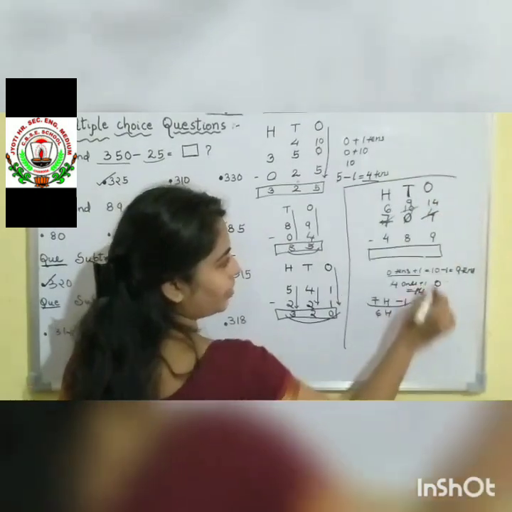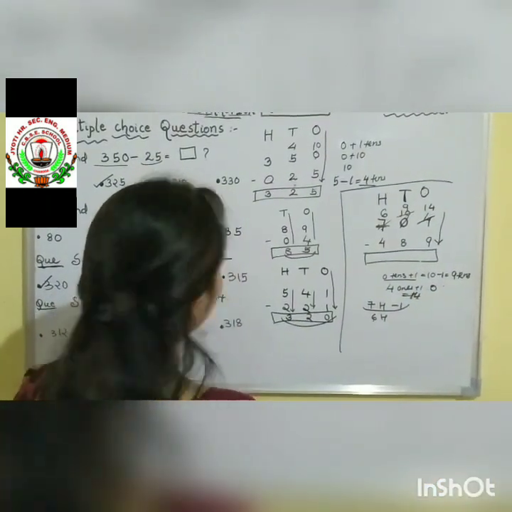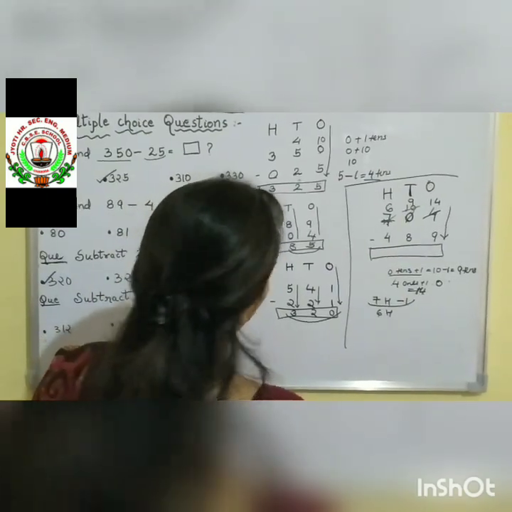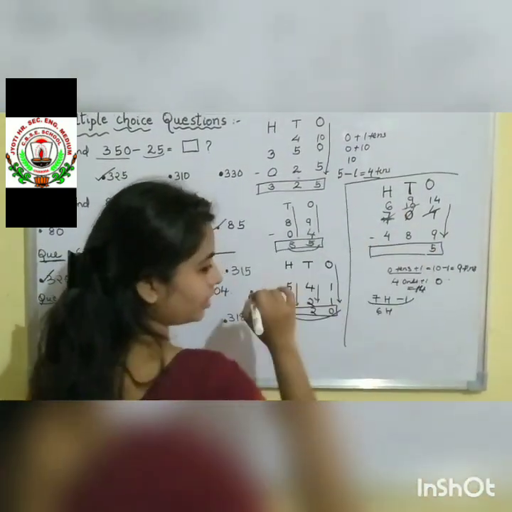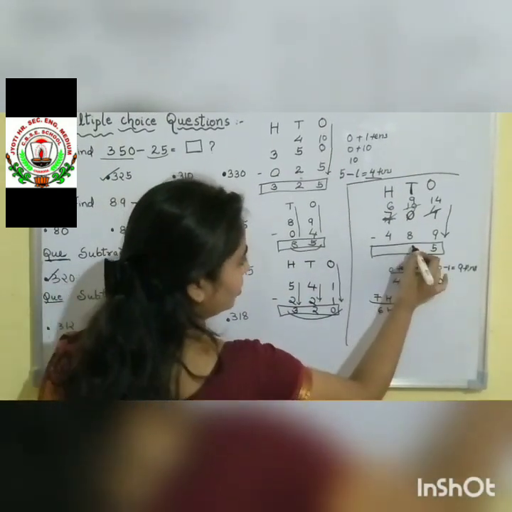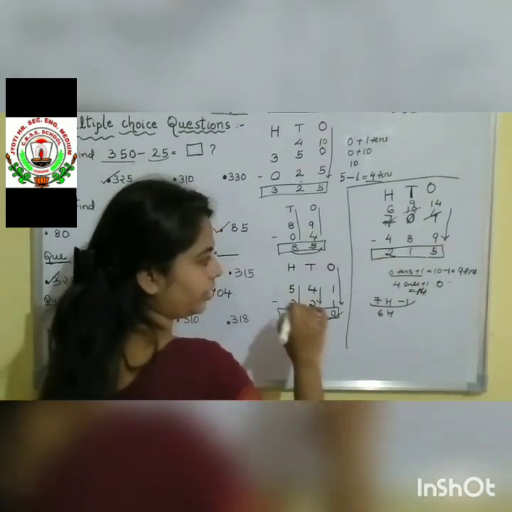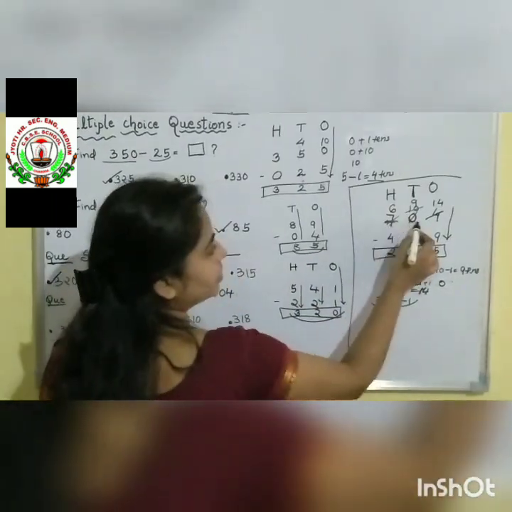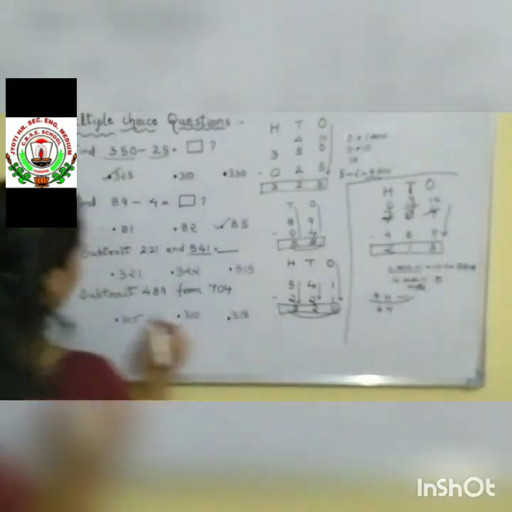Now let us do the subtraction. 14 minus 9, can you say 14 minus 9? 5. Write down. 10 minus 8, 1. Write down. 6 minus 4, 2. Written. So our answer, 704 minus 489, is 215.